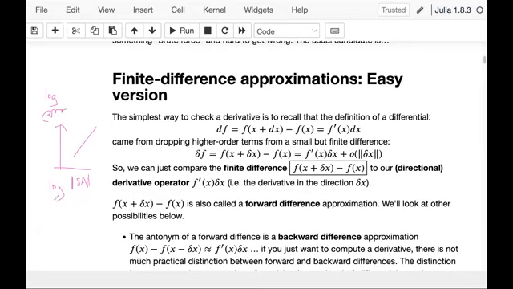A log-log scale has the nice property that it turns power laws into straight lines. Usually in all of these things, we're going to see power law dependencies. It could be proportional to delta A squared, delta A cubed. On a log-log scale, that turns into a straight line.